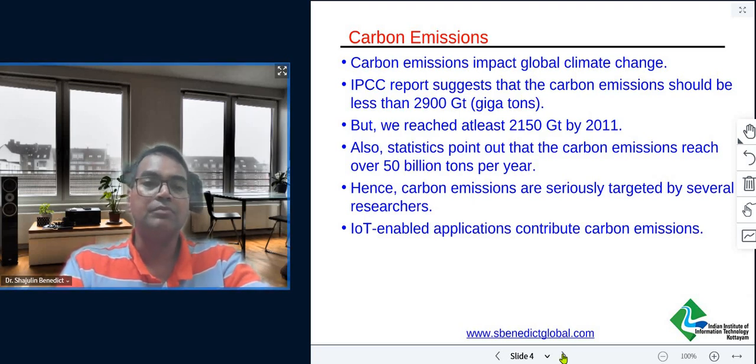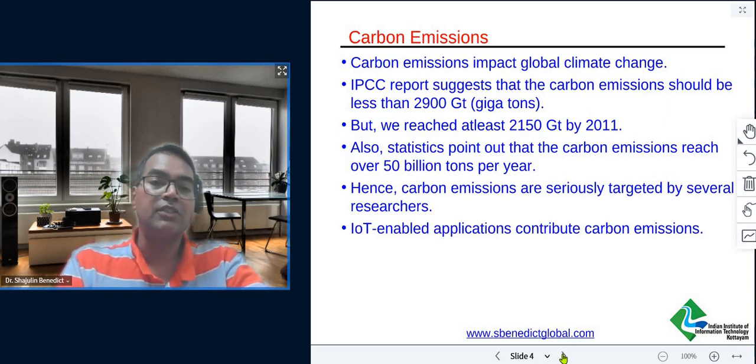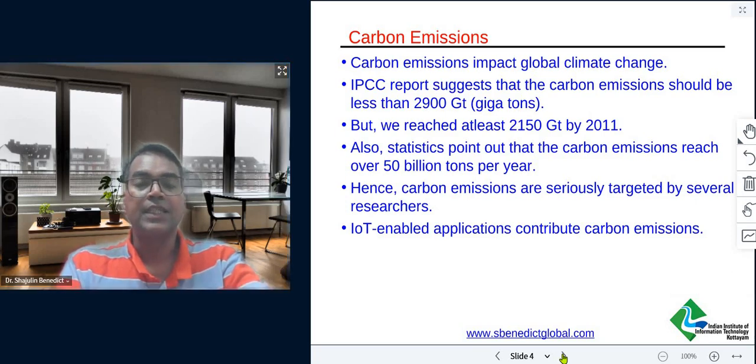One such way could be to reduce the usage of applications or diligently solve the application, especially in the field of the IoT cloud domain. The reason is IoT applications are tremendously used.